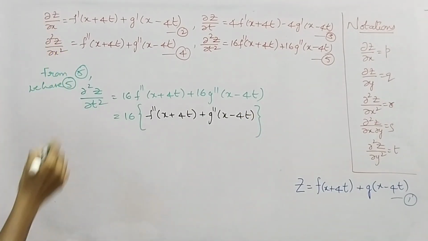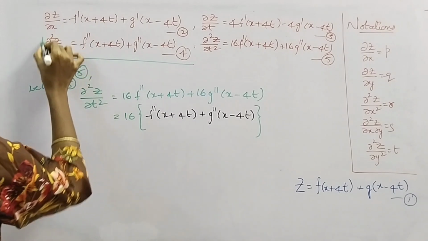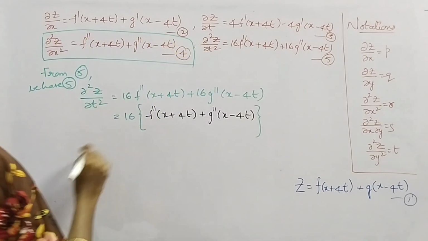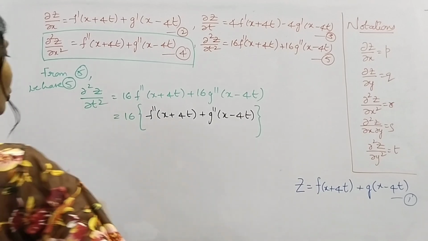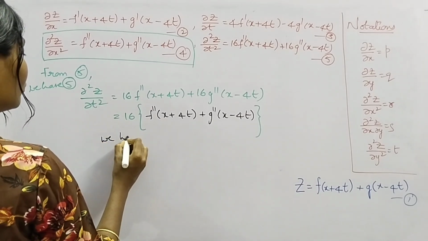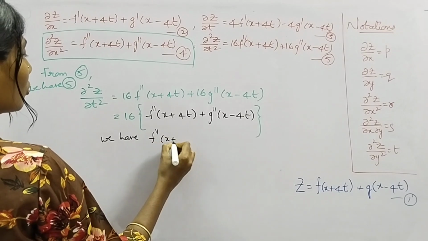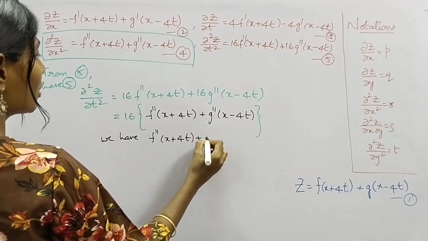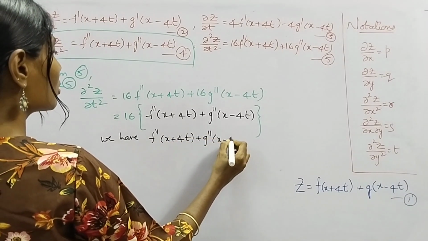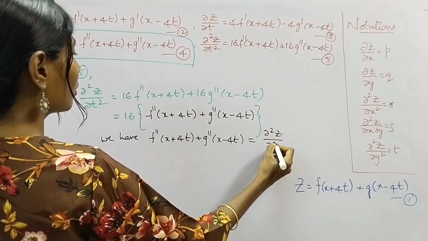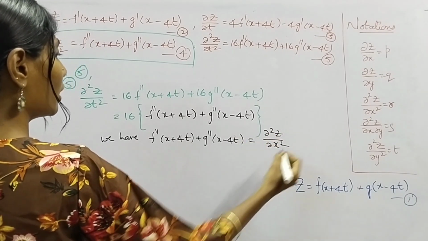Fine. Now from equation 4, what do we have? We have f double dash of x plus 4t plus g double dash of x minus 4t equal to dou square z by dou x square, right?